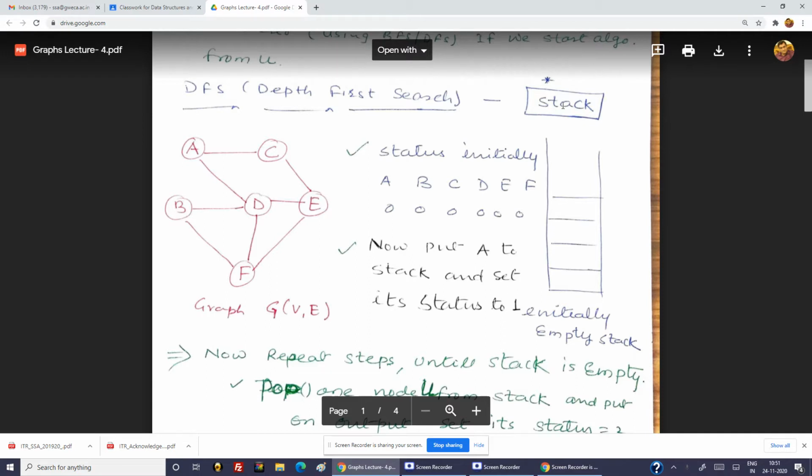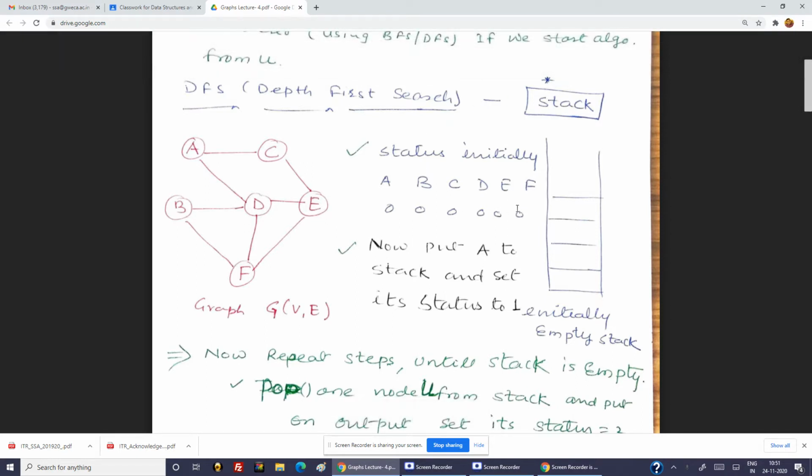In previous class, in BFS we used a queue, and here in depth first search algorithm we will use a stack. Other concepts are same, so if you have not gone through my previous lecture, please go through that.